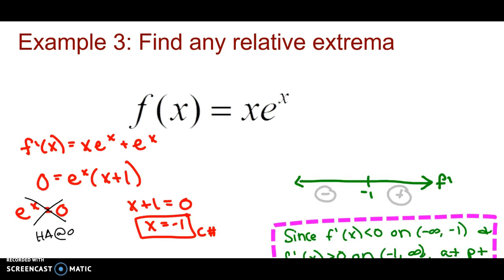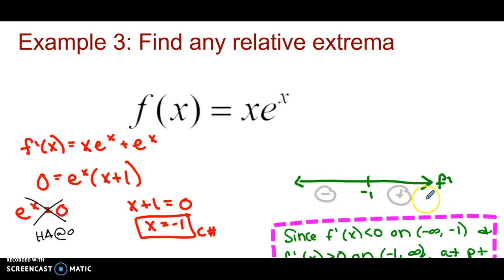If you didn't identify that you needed to use your product rule here, you might not have gotten this right. Since we have a product, we use our product rule. I factored out a GCF, and then I set each of those factors equal to 0. Now notice that when I set e to the x equal to 0, think about the graph of e to the x. There's a horizontal asymptote at 0, so that can't be a critical number, but I do get negative 1.